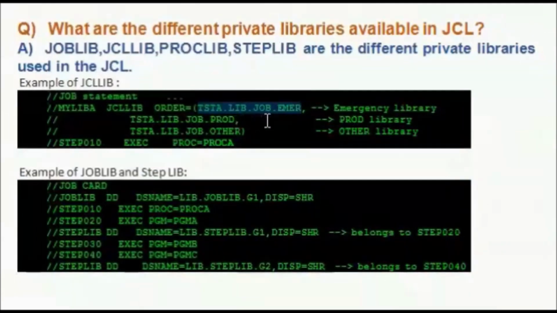If the procedure is not available in this library, the system will search in TSTA.LIB.JOB.PROD. Then it will search in TSTA.LIB.JOB.OTHER. If PROC A is not available in any of these libraries, then the system will search in the system library for executing PROC A.